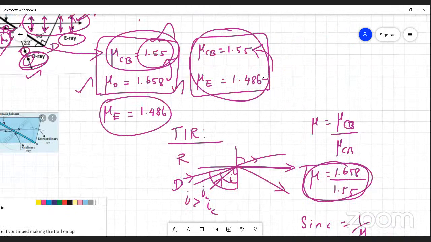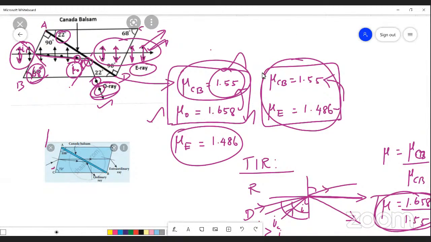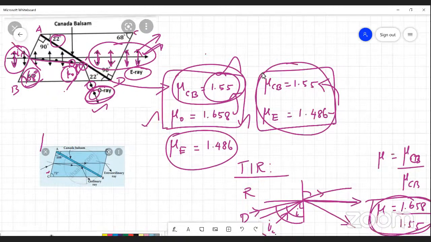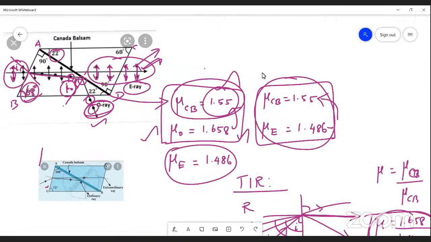Here the angle of incidence of the ordinary ray attained is 69 degrees, which means greater than the critical angle. That's why it is affected by total internal reflection at the Canada balsam.